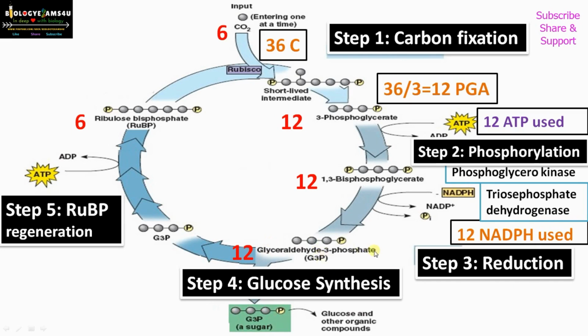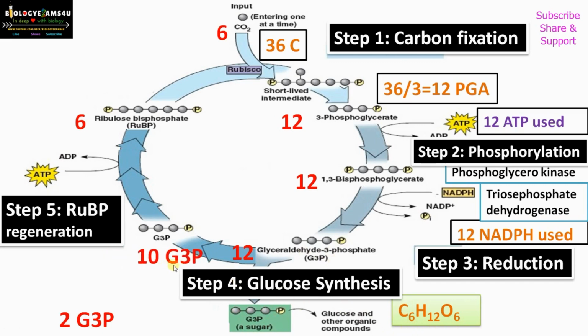Out of this 12 glyceraldehyde 3-phosphate, 2 glyceraldehyde 3-phosphate is used to make 1 glucose molecule. As glucose is 6 carbon, 2 glyceraldehyde 3-phosphate molecules are required.